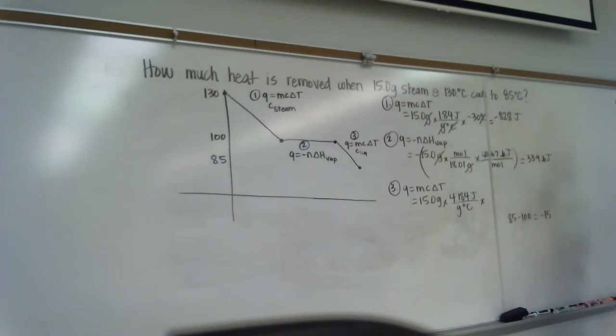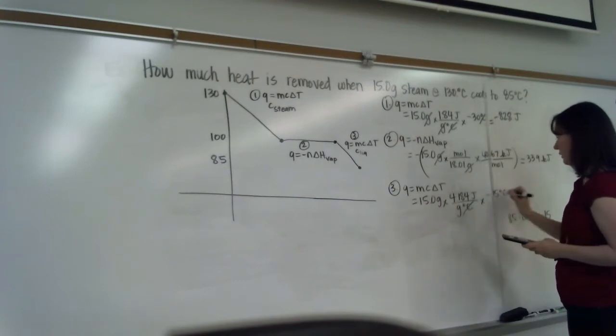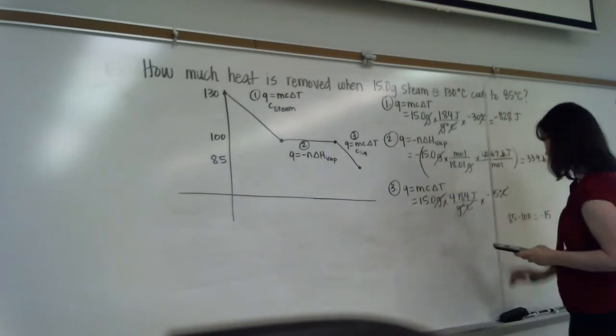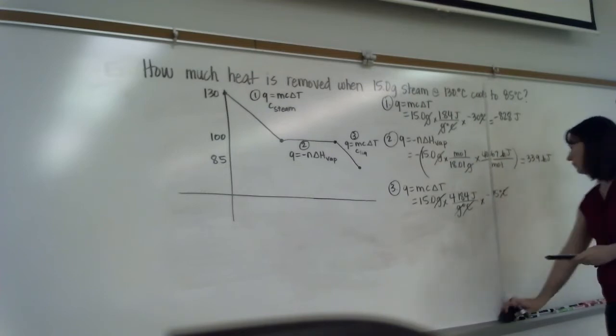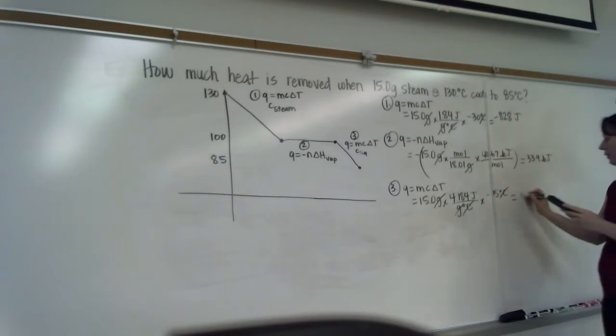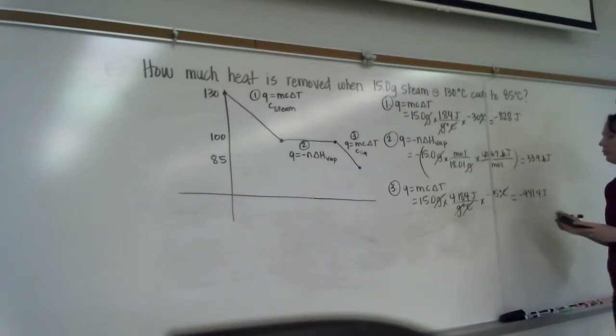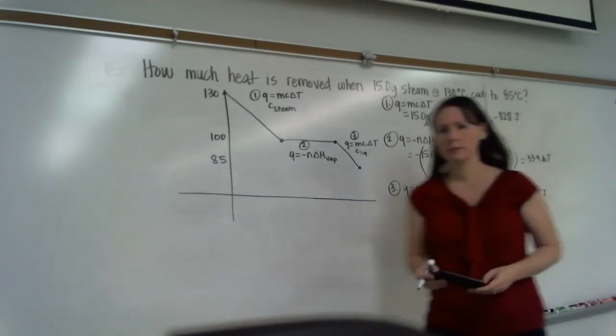That's why you don't have to change the sign here. So negative 15 degrees Celsius. Degrees Celsius cancels, grams cancel. So 15 times 4.184 times negative 15 gives me negative 941.4 joules.